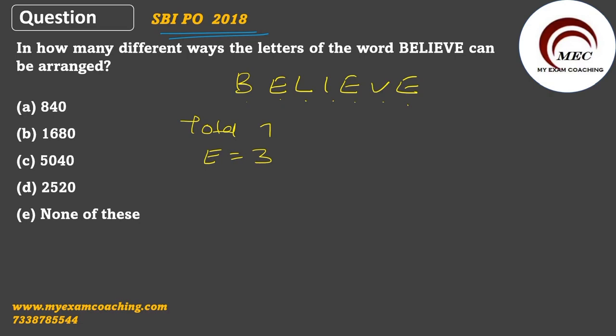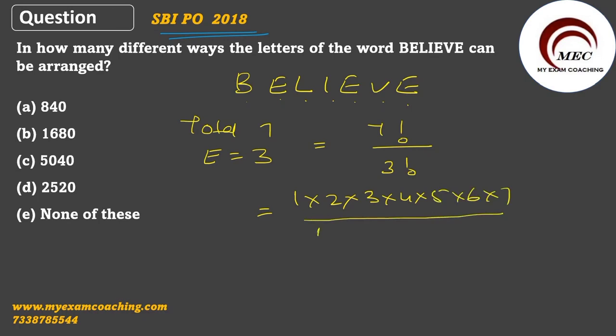The answer will be equal to 7 factorial divided by 3 factorial. Now you can find out 7 factorial means 1 into 2 into 3 into 4 into 5 into 6 into 7, divided by 3 factorial means 1 into 2 into 3. So now we can cancel 1 into 2 into 3 here, 1 into 2 into 3 here.